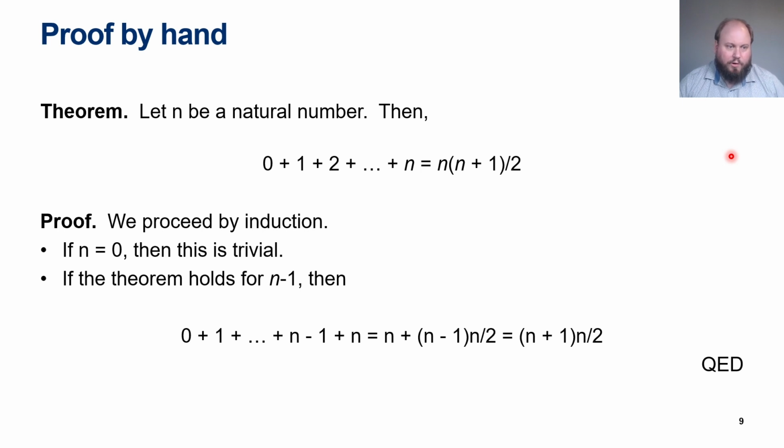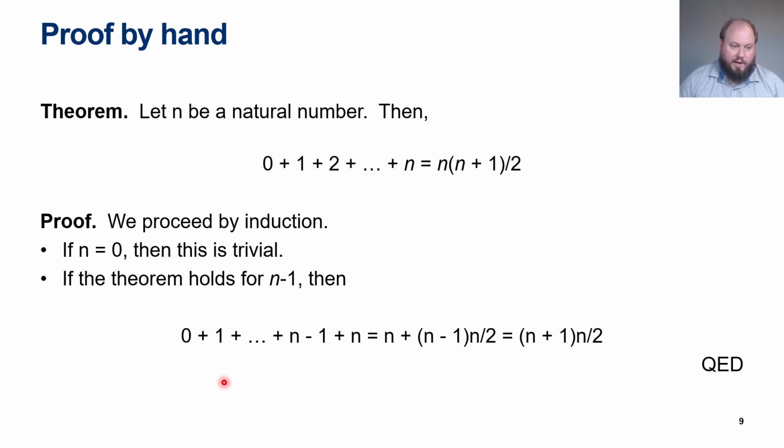So if n is equal to 0, then this is really trivial. 0 equals 0 times 1 all over 2. This is just a nice arithmetic statement which both we and the prover can see holds very easily. But then we add this inductive step and we say that, well, if the theorem holds for n minus 1, then we look at this left-hand side.